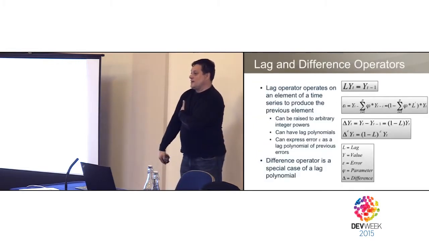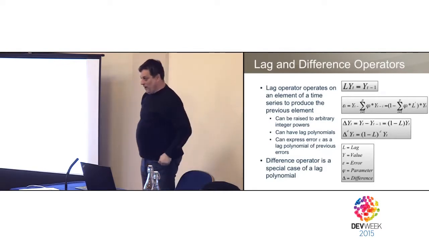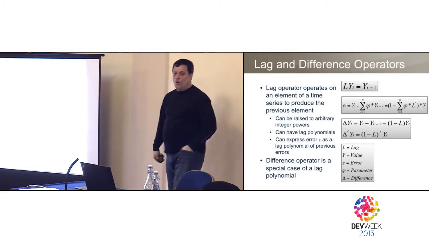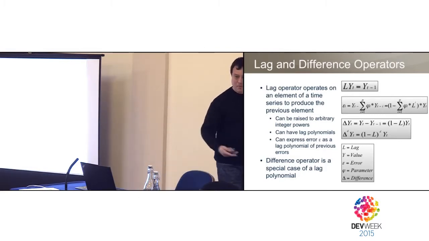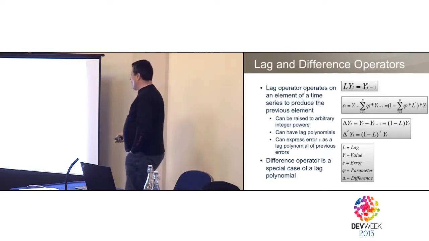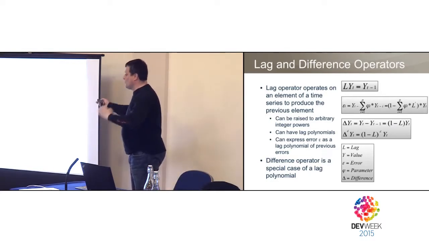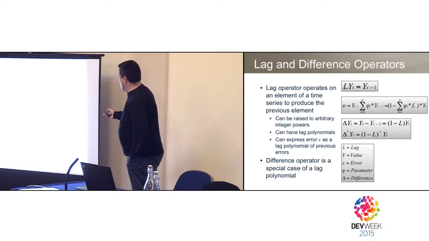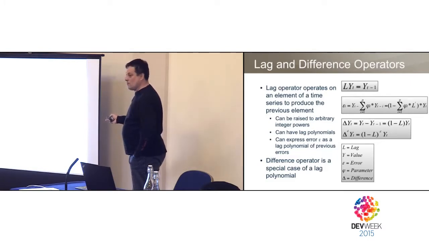Now let's define some specific ways of calculating these values. So let's define two named operators, lag and difference. The lag operator operates on an element of time to produce the previous element. We could also go in the opposite direction, lead, right? And say lag on y in time point t gives me the previous value.